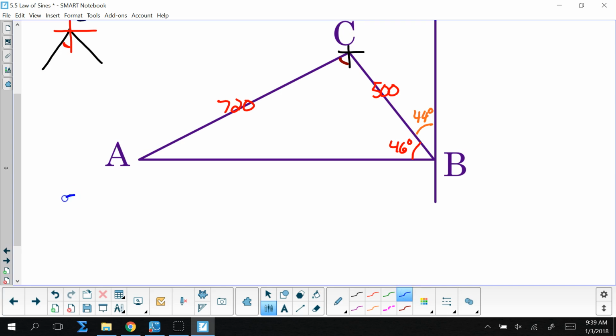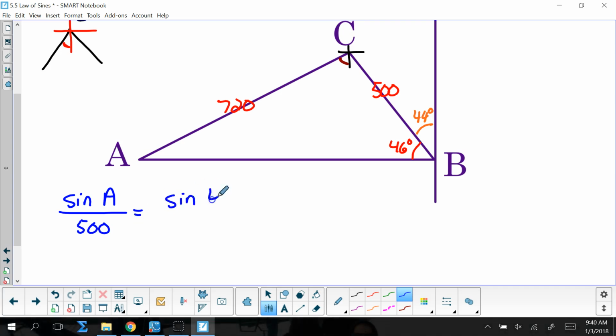So the sine of angle A divided by 500 is the sine of 46 degrees divided by 720.